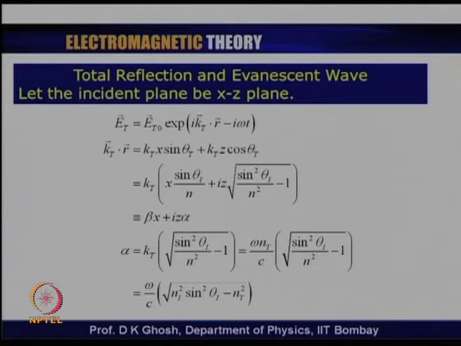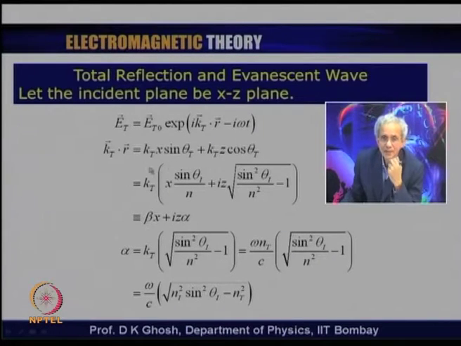But let us look at what is happening to the transmitted wave. The transmitted wave is E t 0 exponential I k t dot r minus I omega t. Now, as I have taken the incident plane in the x z plane, as I have said earlier, my k t dot r is k t times x times sin theta t plus k t times z times cos theta t.